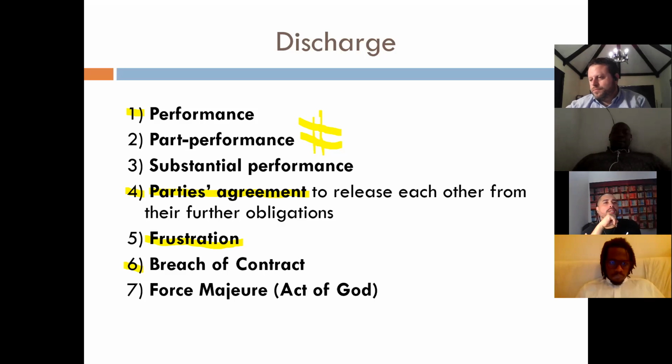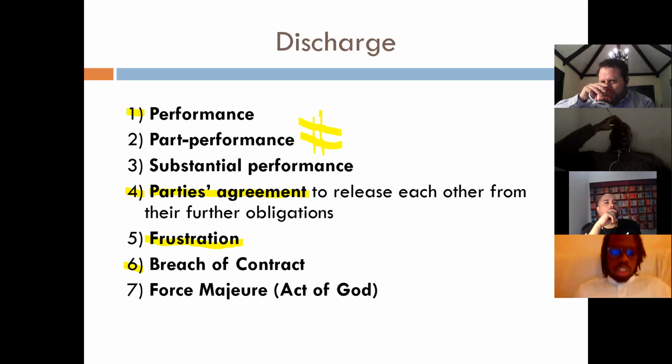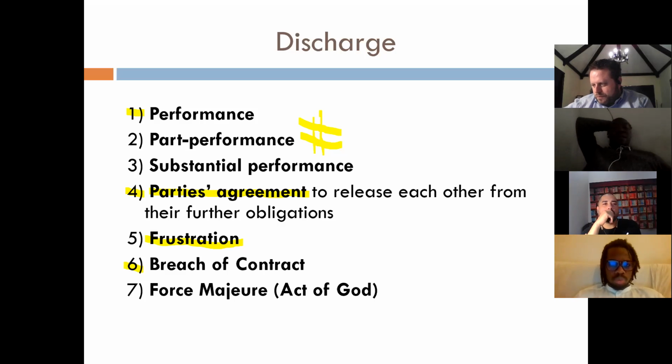Can I do that? No, you cannot. If you don't want to take it, you don't have to take it all. But when you accept the half, you have to pay me for the half that I sent to you. And that is part performance.